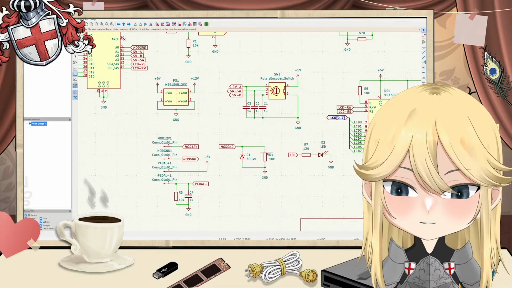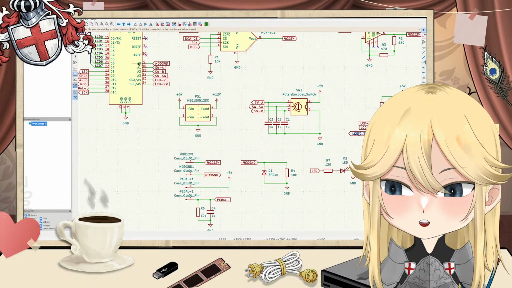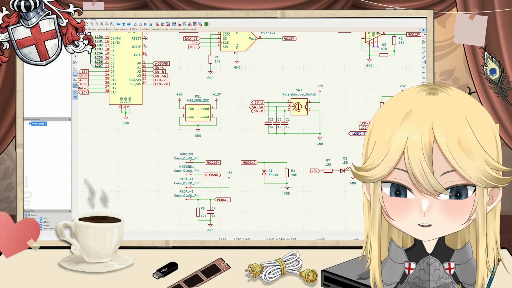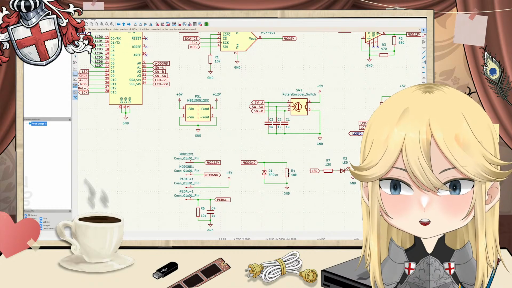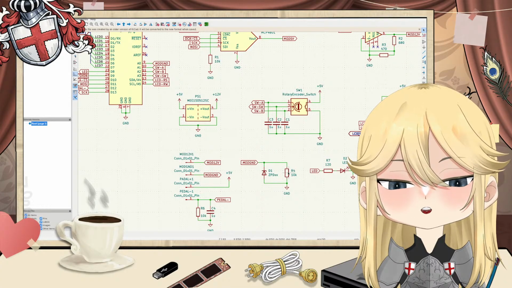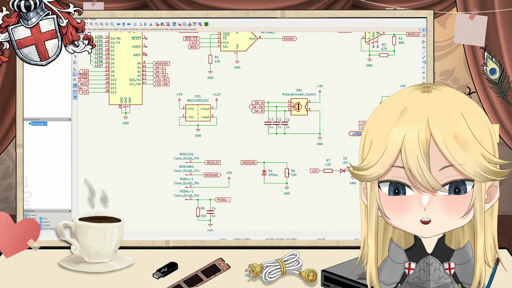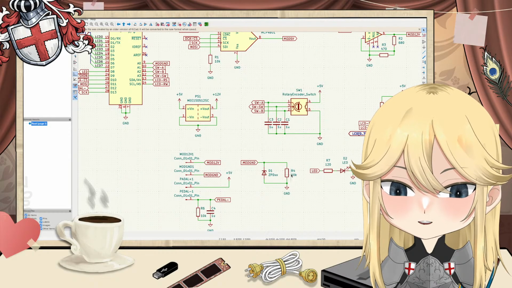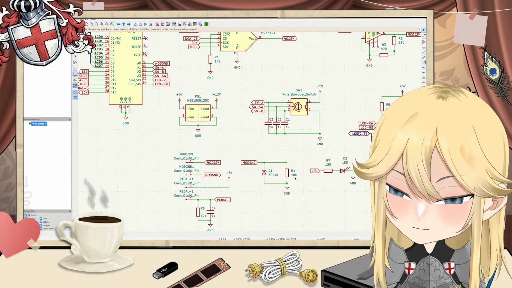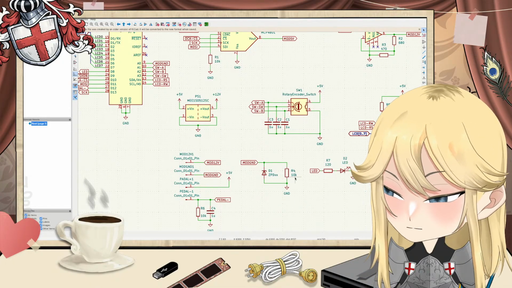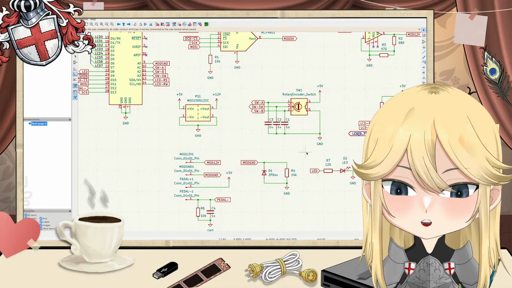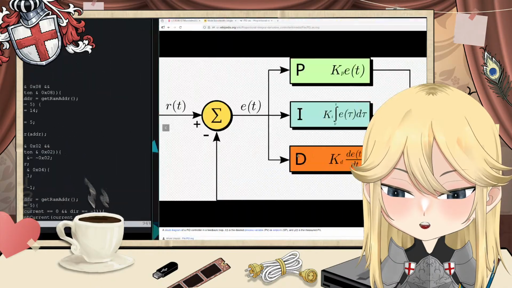So we will simply measure the voltage on this pin against ground, and since we now know the voltage from here to here, we can, hold on, voltage equals resistance times current, so voltage divided by our known resistance of 10k gets us our current. So let's first measure our current.